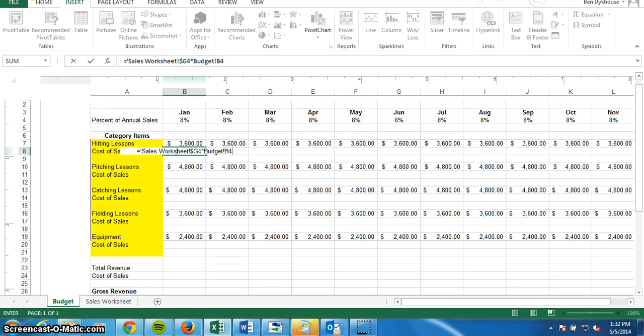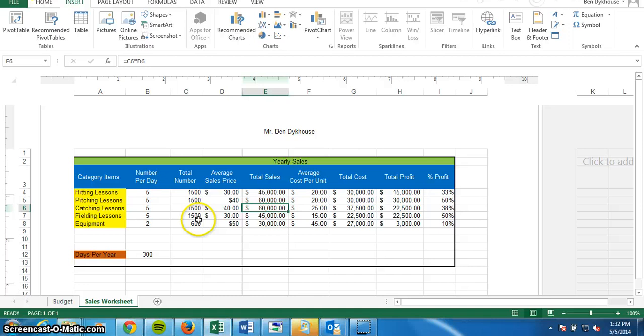That doesn't look right because it's not highlighting what I want it to highlight, and I know why. There we go. Okay. There's my cost of sales. Good, so in that formula we typed G4 rather than E4 because in the sales worksheet, G4 is the total cost it would take to provide hitting lessons.